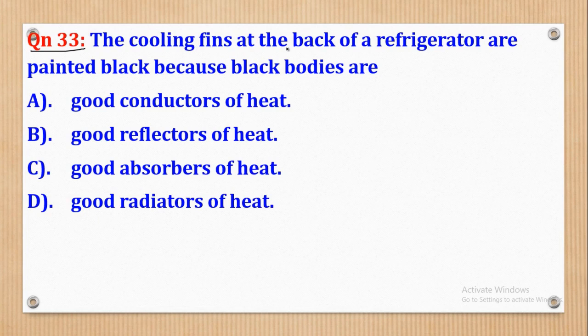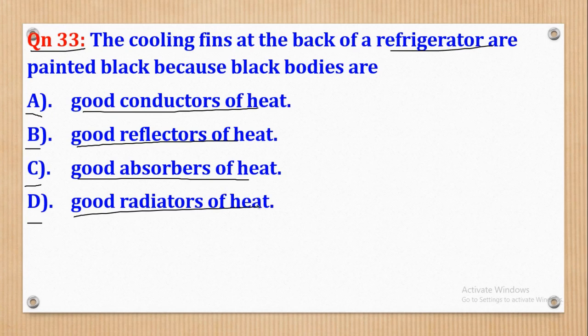The cooling fins at the back of a refrigerator are painted black because black bodies are: option A, good conductors of heat; option B, good reflectors of heat; option C, good absorbers of heat; and option D, good radiators of heat. The function of the cooling fins is to quickly remove the latent heat, or to radiate away latent heat.